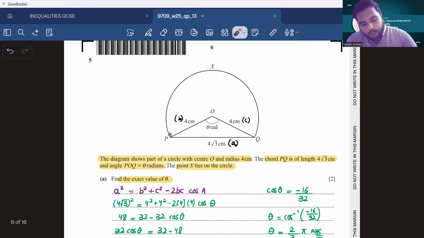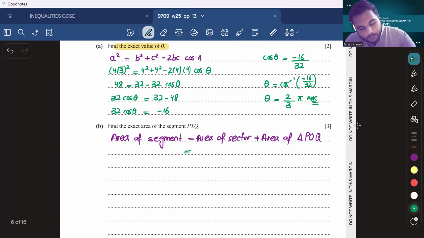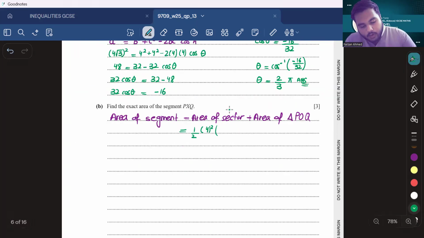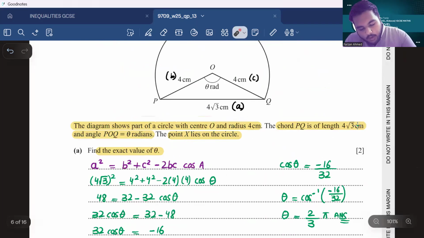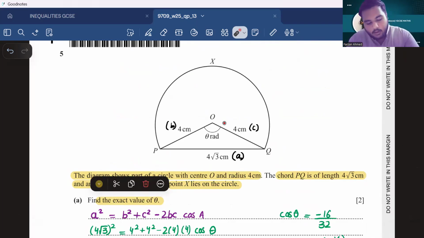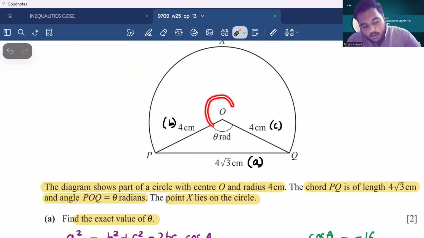Okay, the formula for area of sector is 1 upon 2 r square theta. So r means radius, so 1 upon 2 into 4 square. For area of sector we will be using this theta, which is the reflex angle.